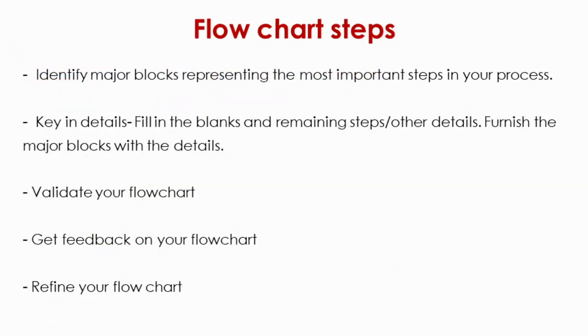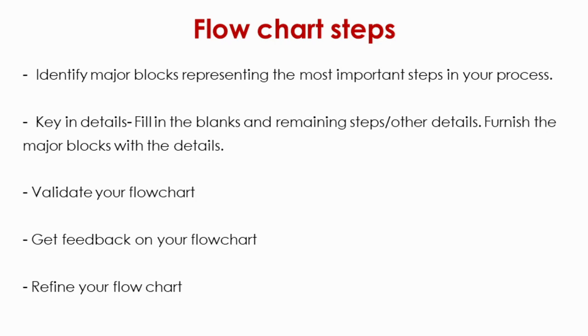So the steps of a flowchart are basically: identify your basic steps. Before you go and write your process flow or flowchart, you need to identify the major steps in your process or major steps in your program, and based on that you write those major blocks.